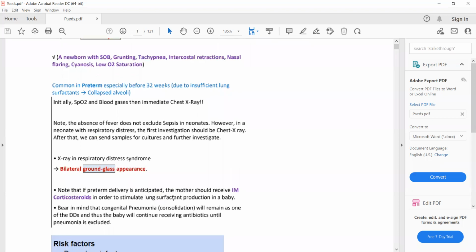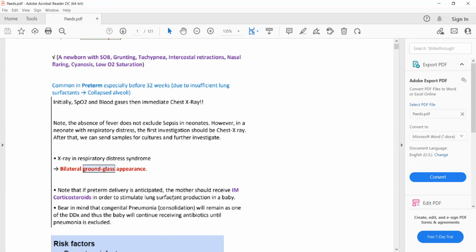Remember that whenever a newborn baby presents to you with shortness of breath or tachypnea, then you will suspect these causes such as respiratory distress syndrome, meconium aspiration syndrome, transient tachypnea of the newborn, and congenital pneumonia. So pneumonia is also one of the differential diagnoses.